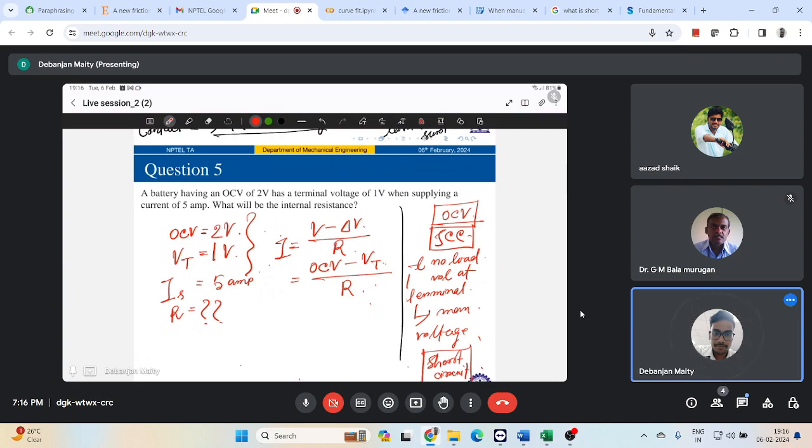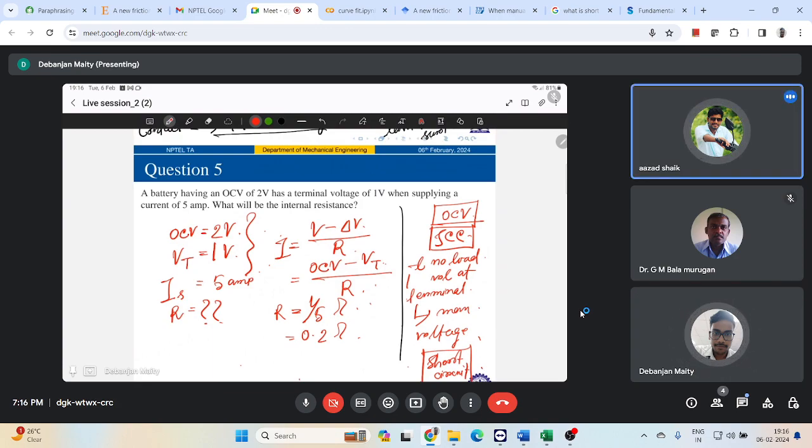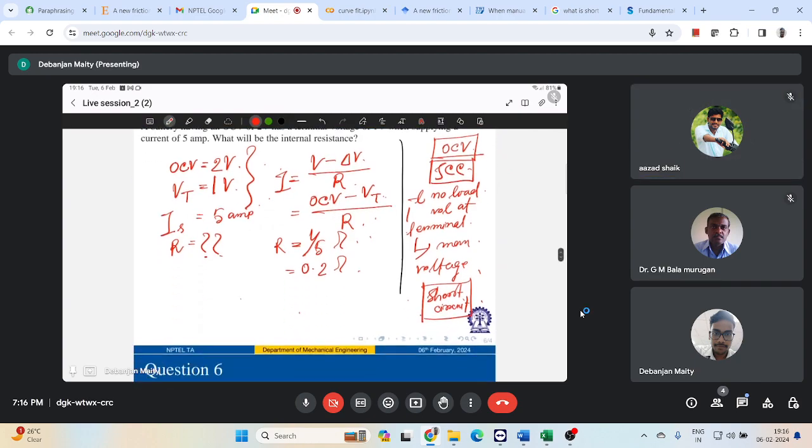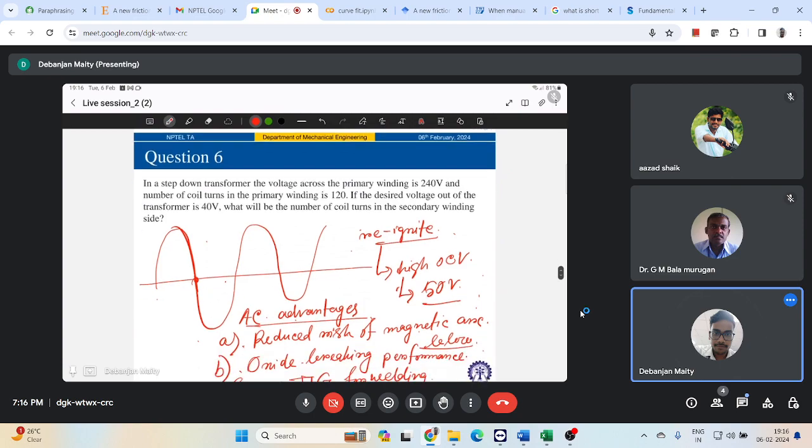How much? 1/5. 1 by 5. So my internal resistance of the battery is 0.2 ohm.